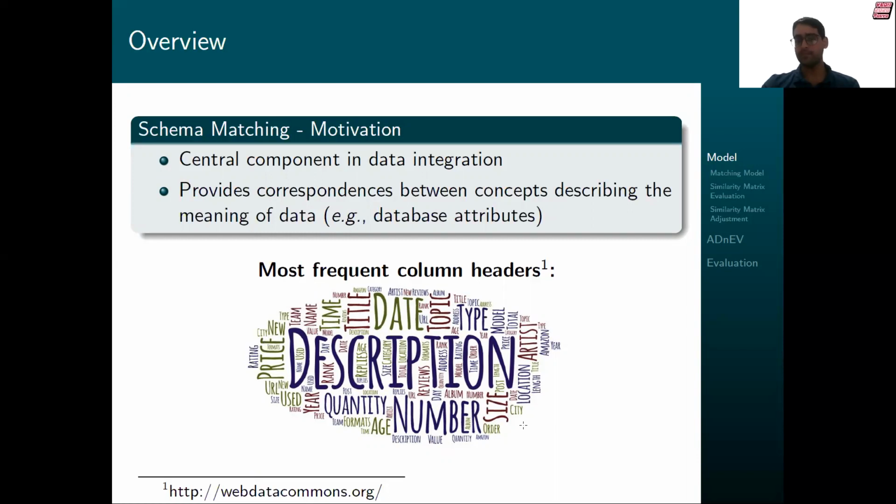As we can see, frequent headers lack semantics and use extremely general terms. For example, description here, one of the most frequent column headers, can address a customer, a store, a product, and so on.